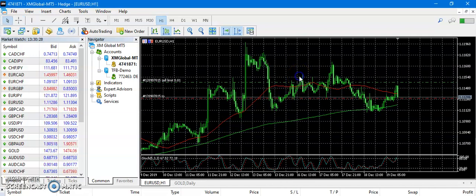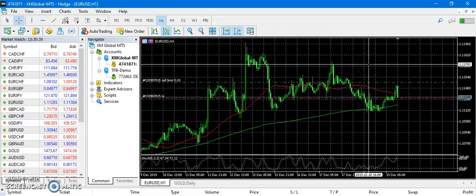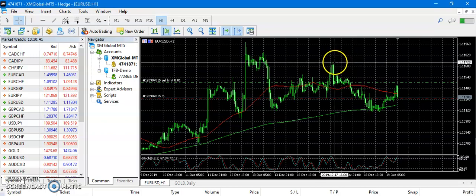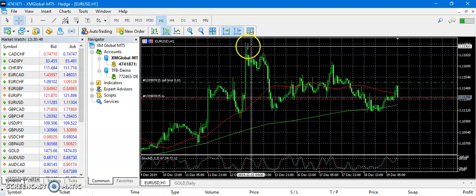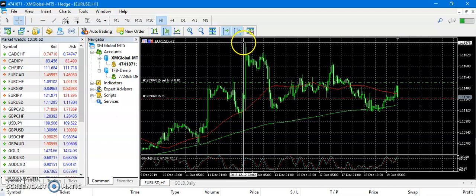On the bottom part of the chart, it's showing you the time. So if you want to know the time a particular price was hit, then you can look at it from there. For instance, if you are looking at this highest candle here, I want to know what price it was. You can get it right. Then if you put the crosshair on top of it, you can actually know when that happened.